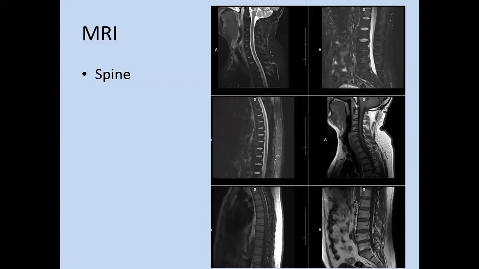We don't necessarily do axial acquisition of the spine unless we find incidental findings, for example, disc herniation or disc extrusion or tumor. Then we would do axial acquisition for the affected level. And we do not routinely give gadolinium for these patients.